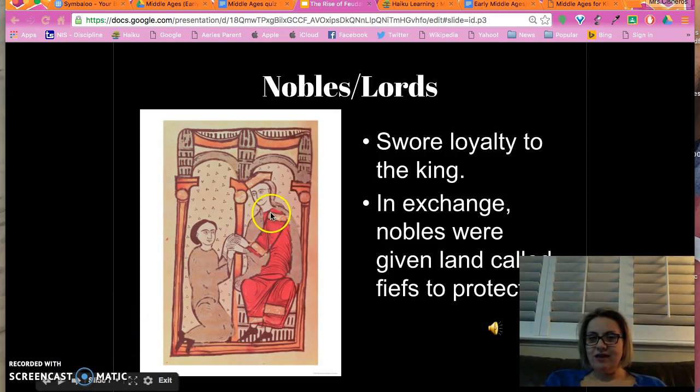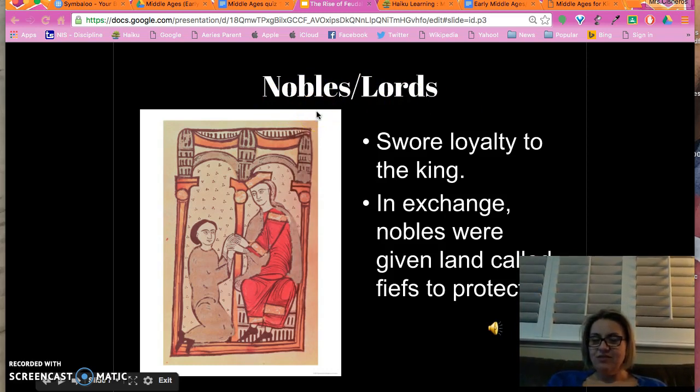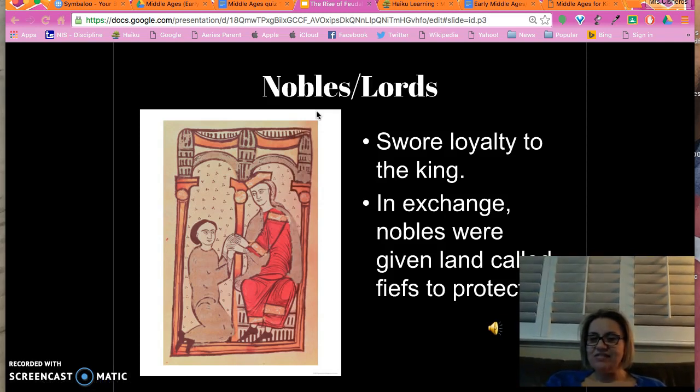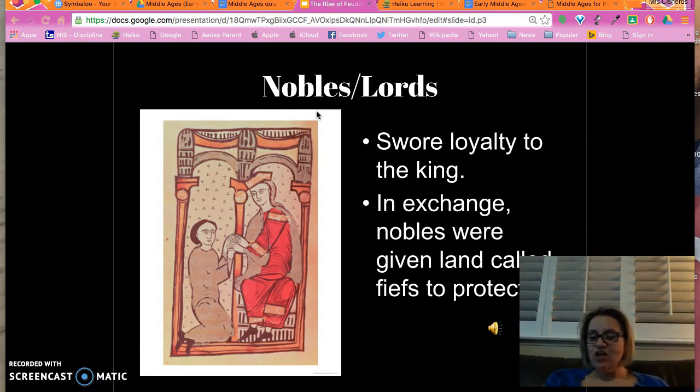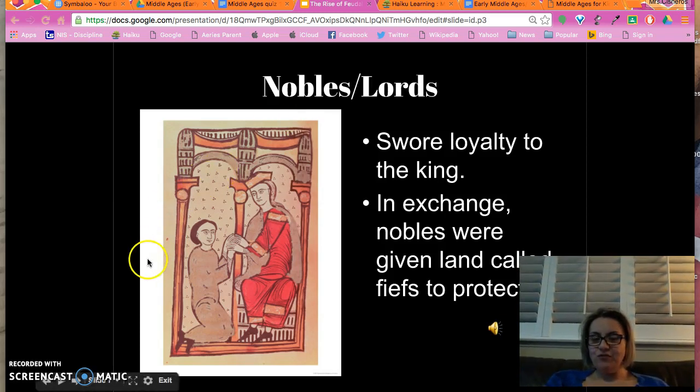So the lords and the nobles, these are the same people. They just use both names interchangeably. They're very loyal to the king, and they're given this land. It's called a fief, in exchange for protection.